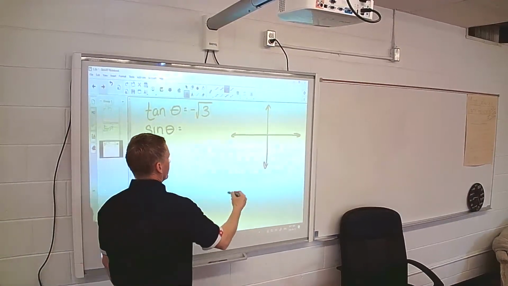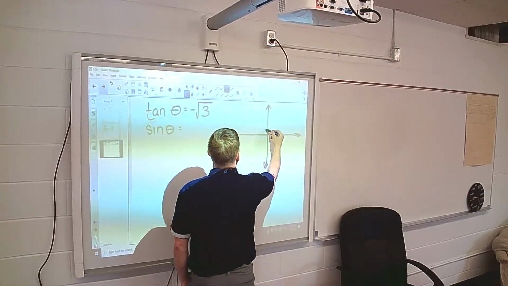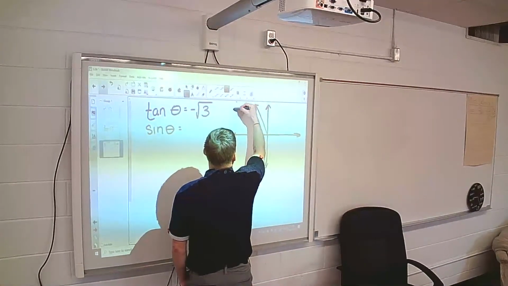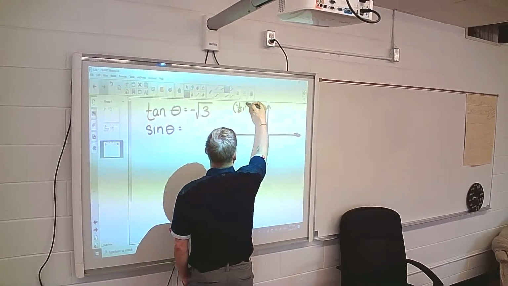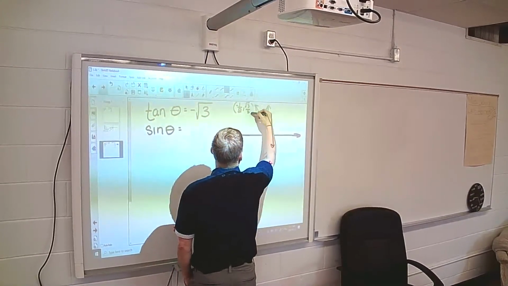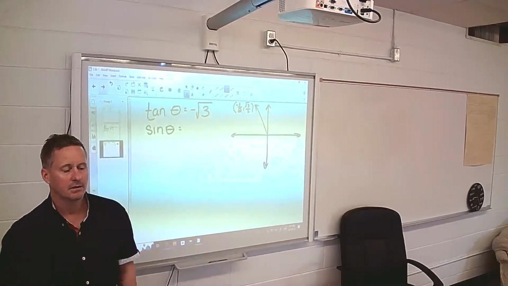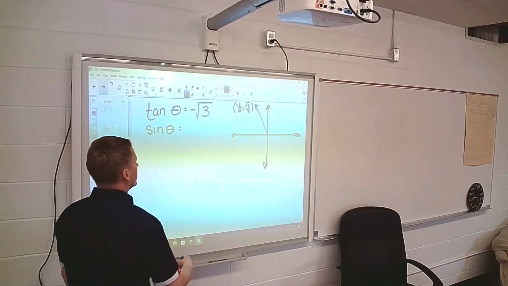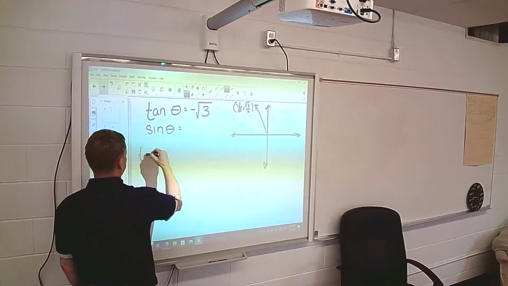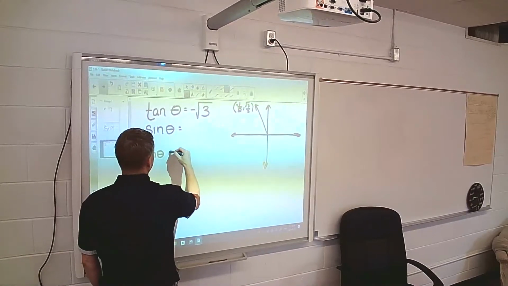Okay? If it's this coordinate right here, that coordinate is -1/2 and √3/2. So I'm going to check that coordinate first. Then what I do, I take tan. I need to find out what the tan of theta is.